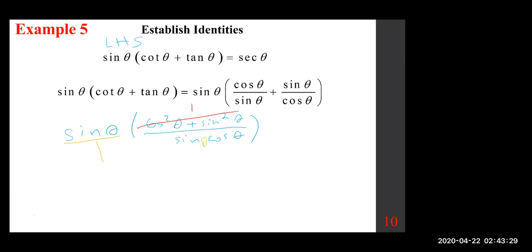Sine theta and sine theta cancel each other. And the answer is 1 over cosine theta. And that is secant theta. Okay, class?